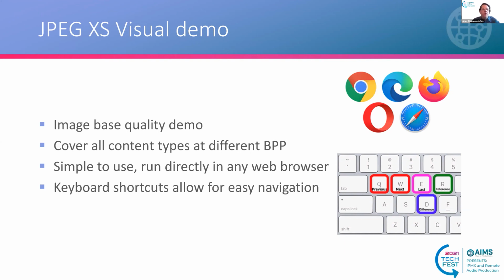From this work, we created a simple subjective visual demo with the goal of letting anyone experience how JPEG-xs compression works. This demo runs directly from a web browser using simple JavaScript and is controlled by a few keyboard keys for navigation. The demo includes every type of content we discussed and is encoded in a wide variety of BPP values using the Matrox JPEG-xs encoder.